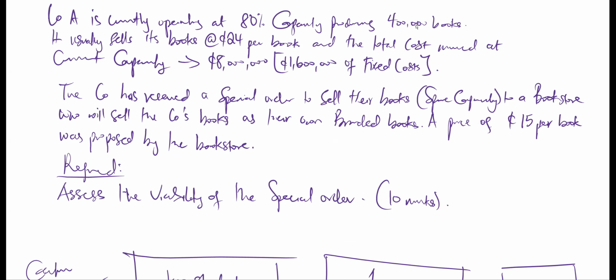And at that 80%, they were producing 400,000 units. So if 80% gave us 400,000 books, then 100% will give us what?